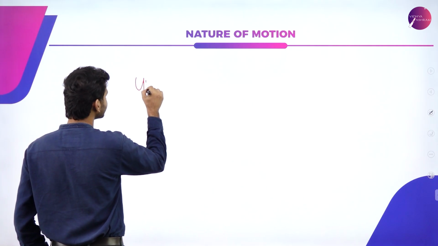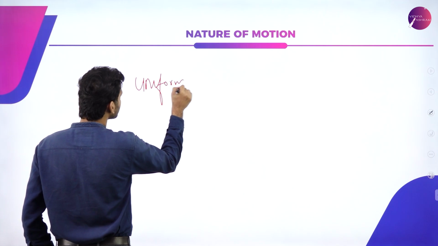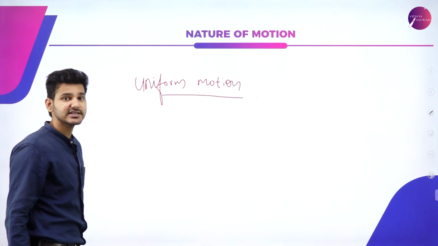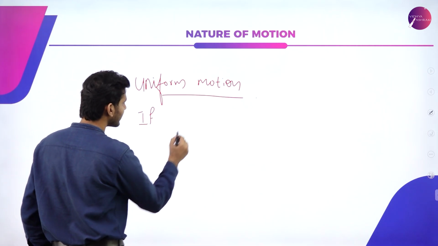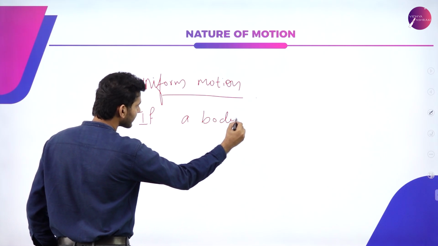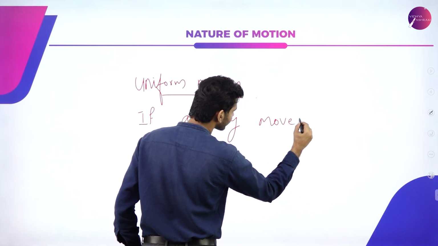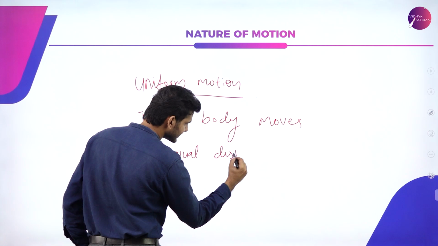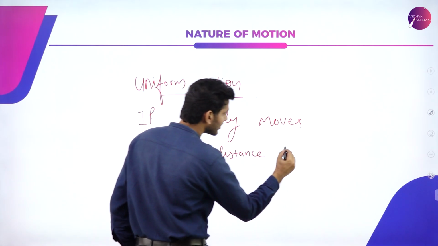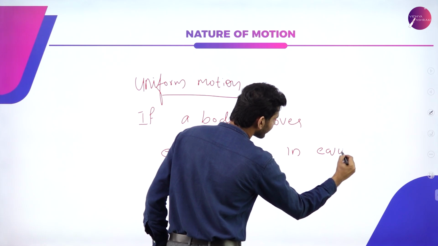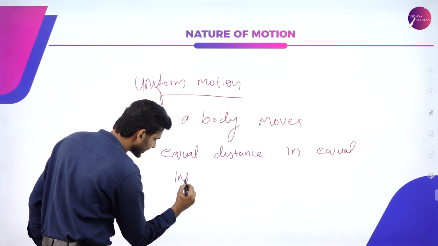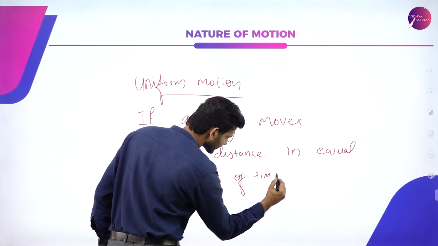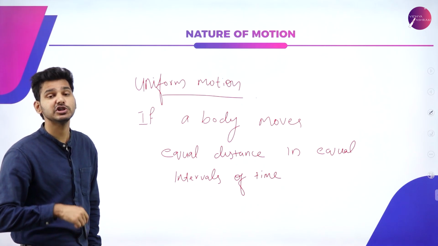So for uniform motion, we can say that if a body moves equal distances in equal intervals of time, then that particular motion is known as uniform motion.